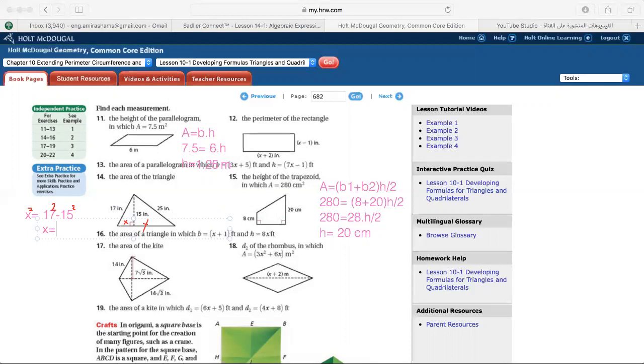So x is equal to, 17 squared is 289 and 15 squared is 225. 289 minus 225, x squared is equal to 64, so x is equal to 8.